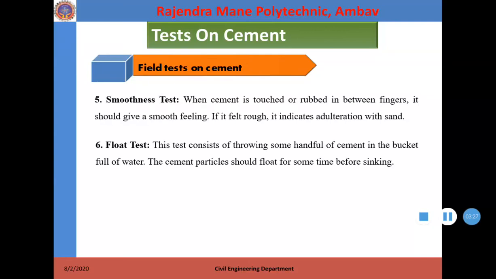Then the next test is the float test. This test consists of throwing a handful of cement into a bucket full of water. The cement particles should float for some time before sinking.